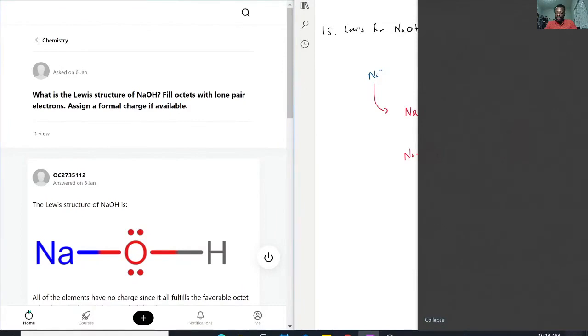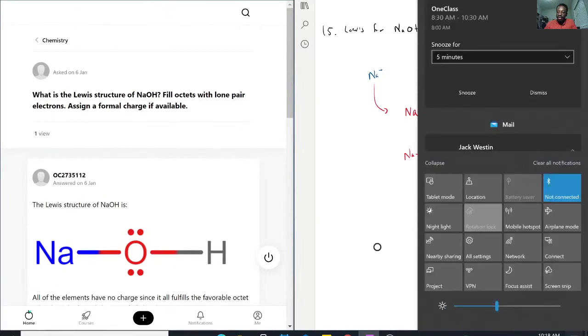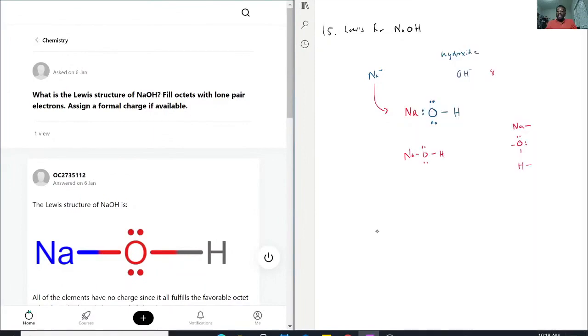We have Na contributing 1 electron, oxygen is 6, hydrogen is 1. It is also working with 8 electrons. As you can see here, we have 2 bonds, which is 4 electrons, and 2 lone pairs, which is another 4. So the Lewis structure for this would indeed be that.